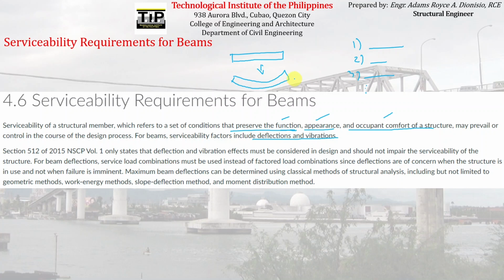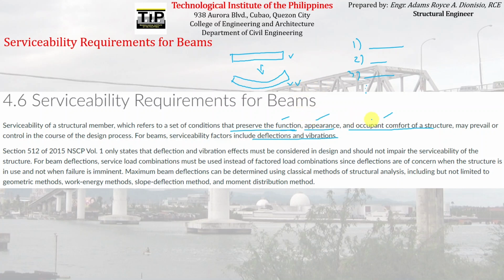Meaning, the appearance of the beam will put the occupants in a fearful condition. It might impose fear on the occupants if the appearance will change from this to this because of excessive deflection. So with that, we can say that the beam is not serviceable anymore.